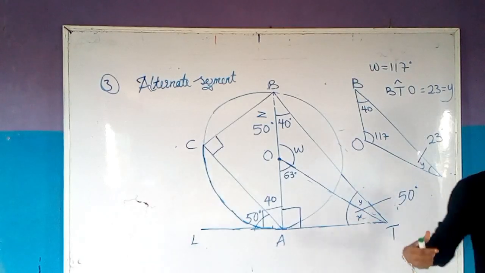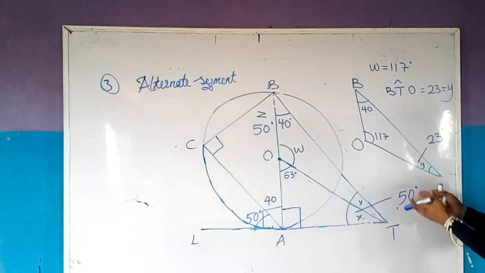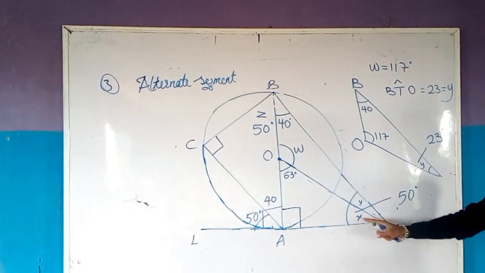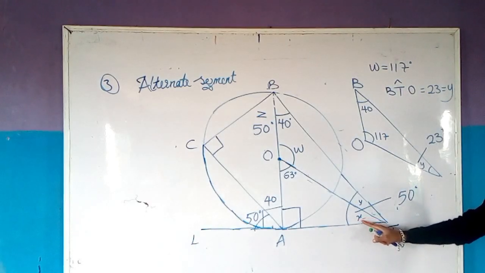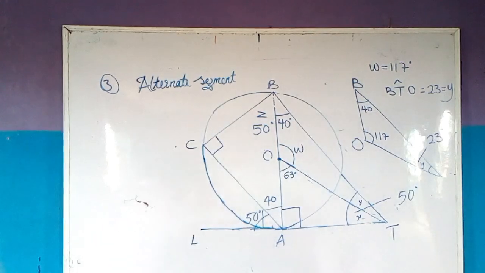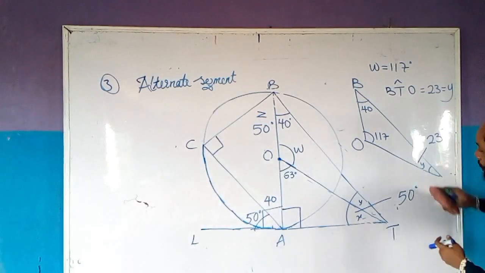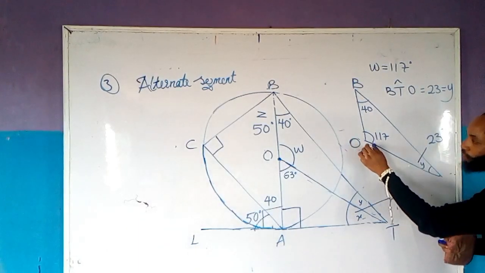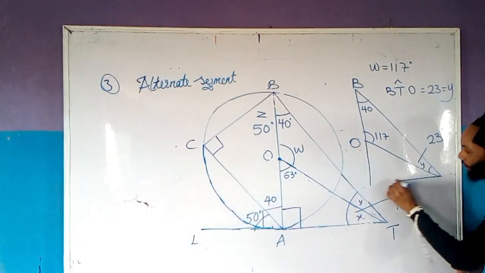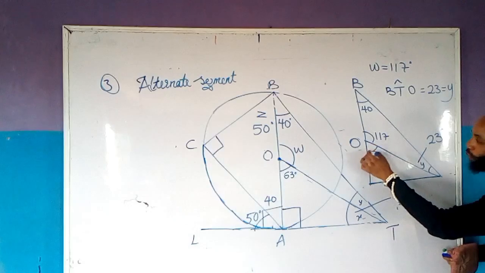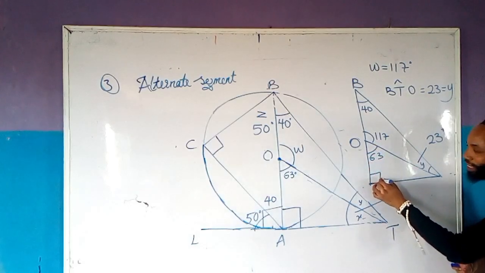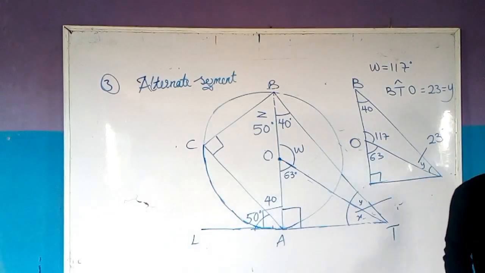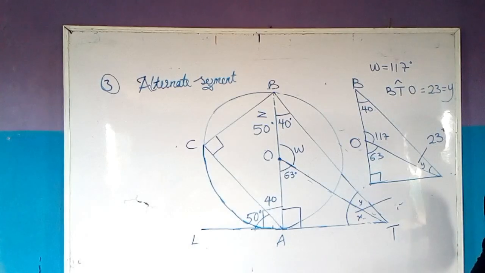So in the same way, there are two ways we can get our X. Just say 50 minus 23. What will you get? 27. So your X will be 27. But if you don't like that, if you want to go through other confirmation, remember, you could do it this way. Here is your O, and you have a triangle under, which was 63 earlier, and here is 90. So in other words, you could say 90 plus 63 is 153, right?